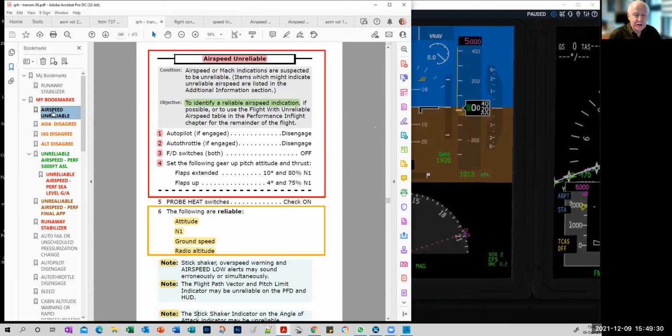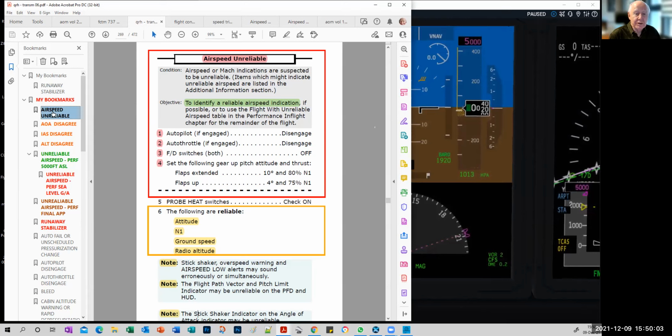Now remember, these settings at high temperatures and heavy weights will give you a slight climb right after takeoff. At normal takeoff weights and temperatures, it will give you a climb, better than a slight climb. And at high altitude, at normal weights, you will actually experience a slight descent with the flaps up configuration, of course, at high altitude.